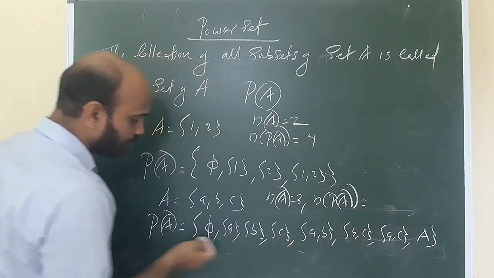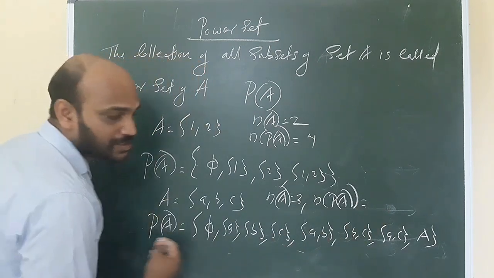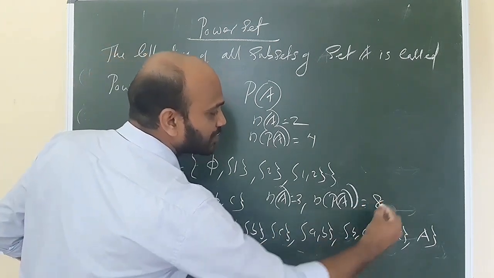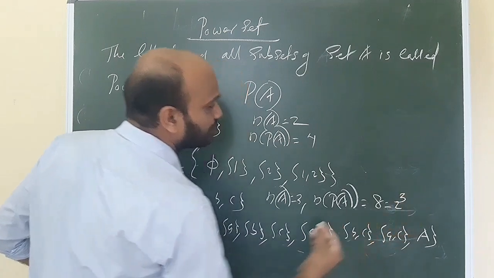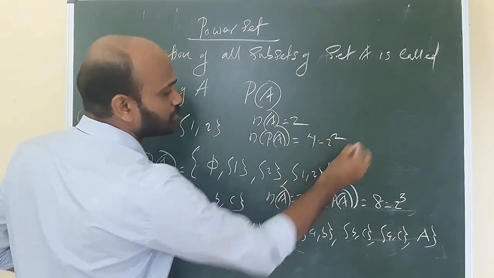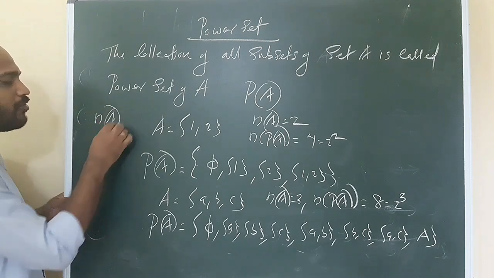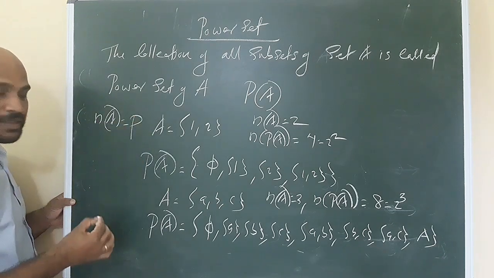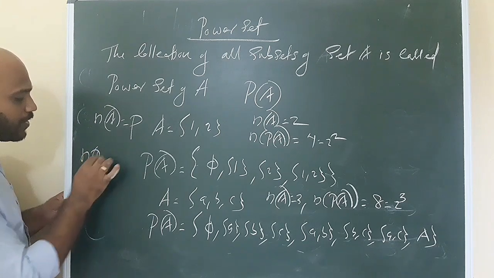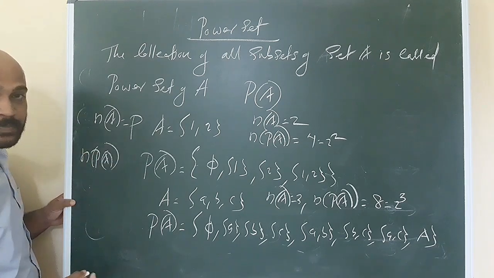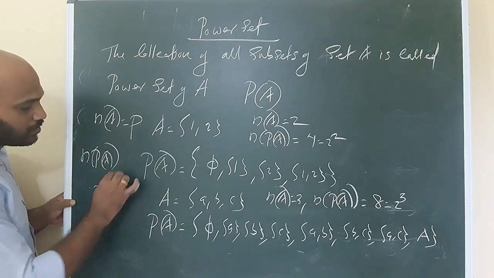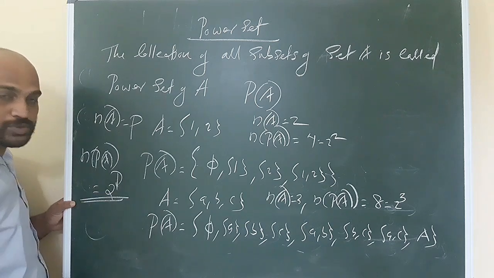Number of elements in P of A. Here we have 8 elements. 8 elements means actually it is 2 raised to 3. 4 is 2 squared. In general, if n of A equal to p, then what about n of P of A? Number of elements in the power set of A is equal to 2 raised to p.